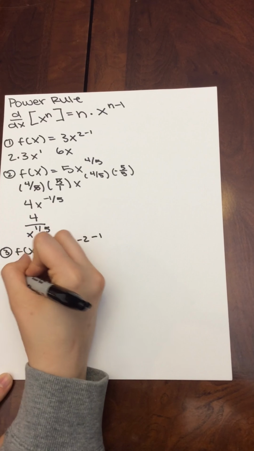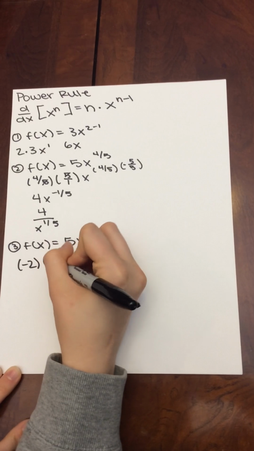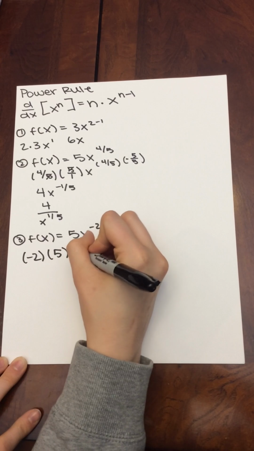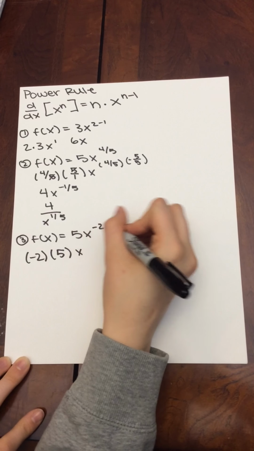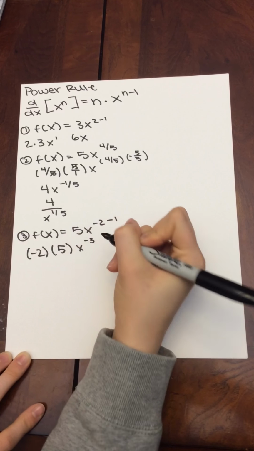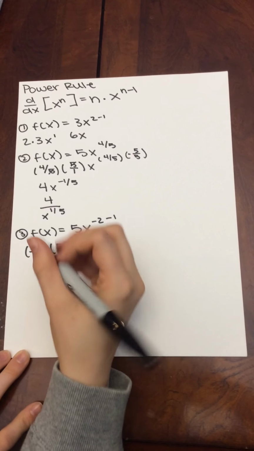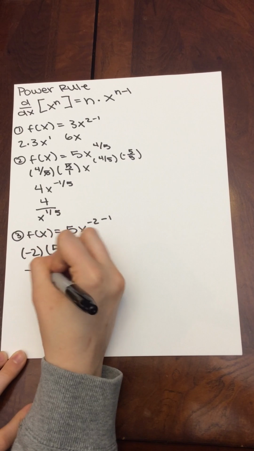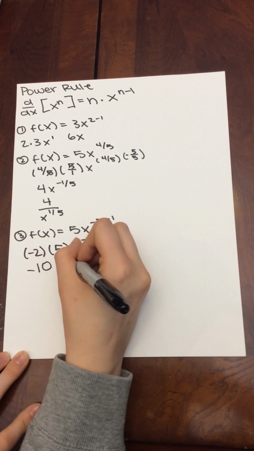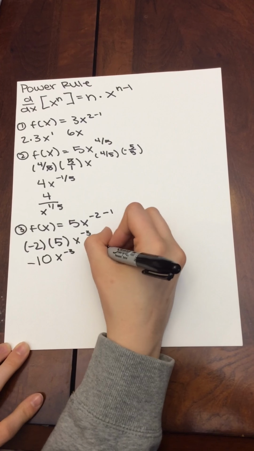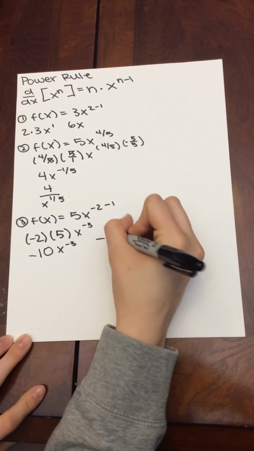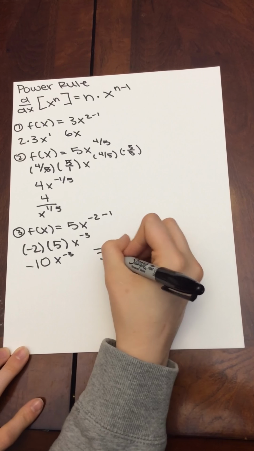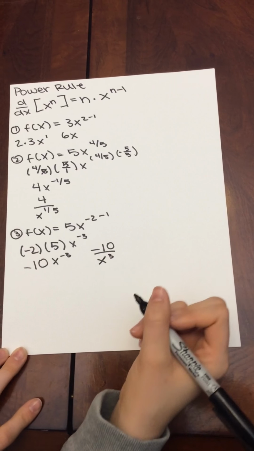So you're going to have that -2 times the coefficient, x, and then -2 minus 1 is -3. So you're going to have -10 x to the power of -3, and then you move it to the bottom. So you have -10 over x to the power of 3.